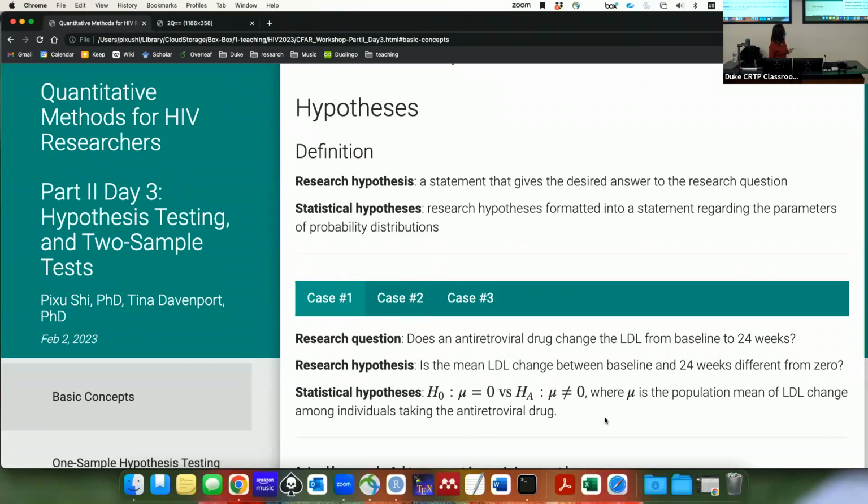Here we have a two-sided test. You can also have a one-sided test. For example, if you know that the LDL can never be decreased, then you can use an alternative hypothesis that's only one side. Mu is larger than 0. And the choice of the alternative hypothesis really depends on your context of the research question.